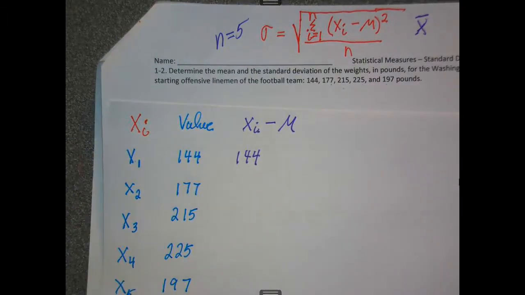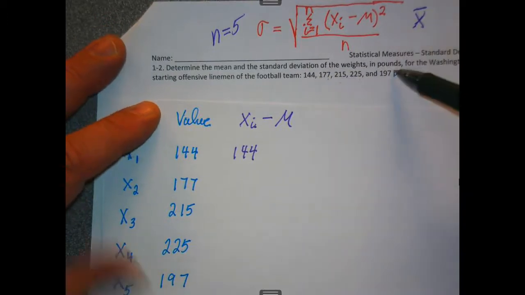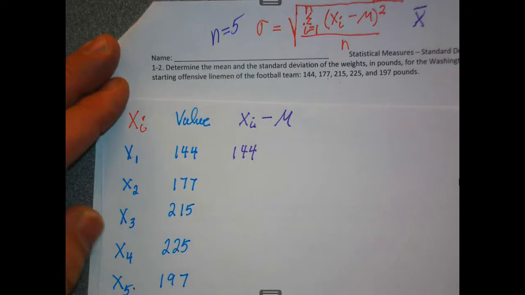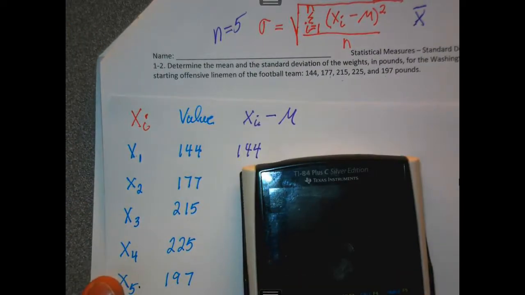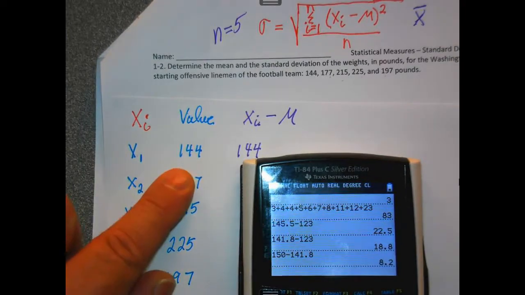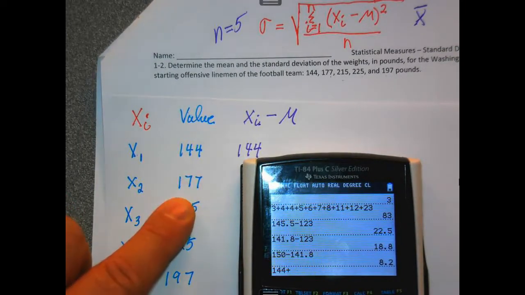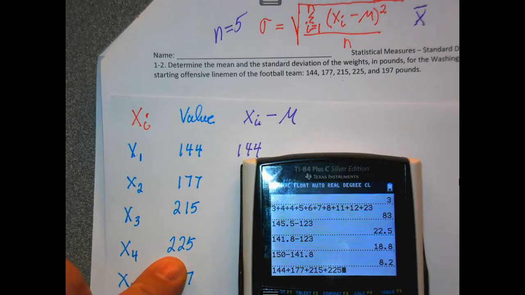So we're going to add all of these together and divide by n, which is 5. And so let's add them up. 144 plus 177 plus 215 plus 225 plus 197.